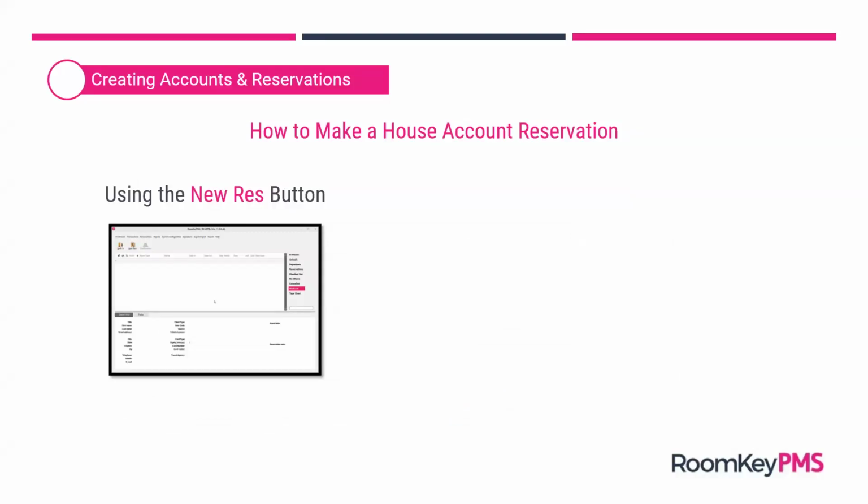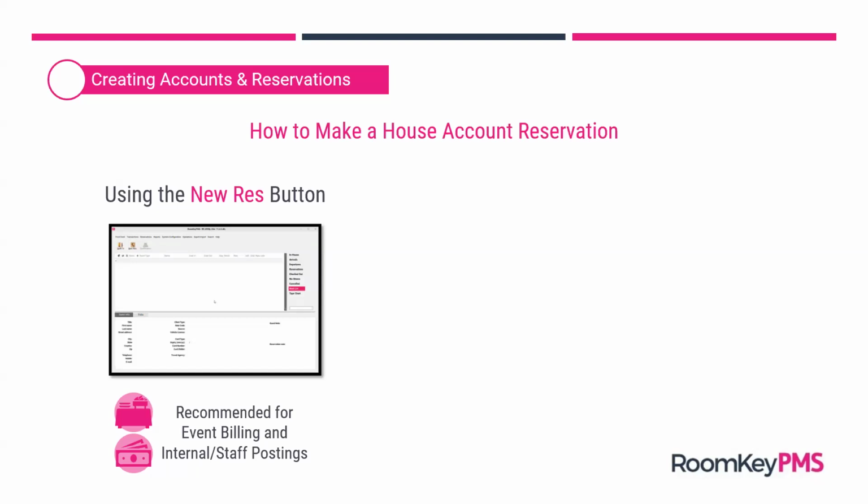So a house account reservation, if you are using the new res button, I would recommend using this method for event billing or any internal or staff postings if you're using the house account for those purposes. So if it was, like I said, a meeting event, you can specify what meeting room it's in using those res notes, and you can record the company contact and billing information as well.